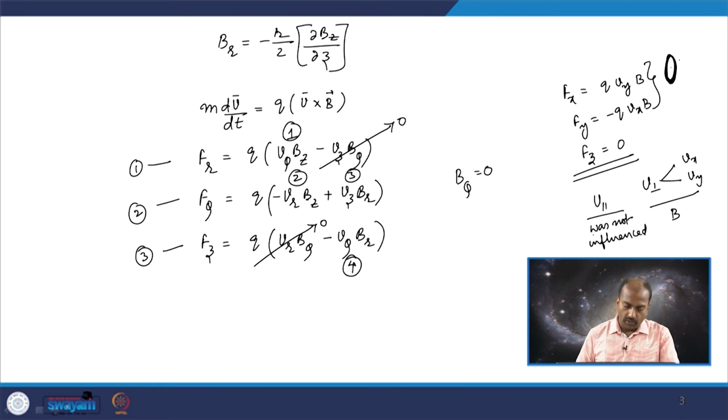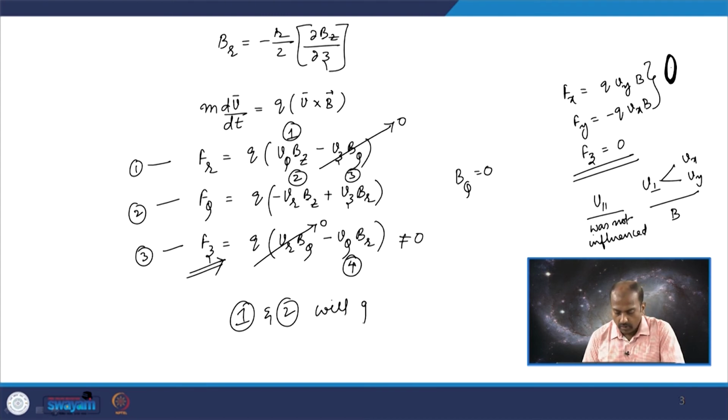But here what you see, the magnetic field is along the z direction, and since the magnetic field is also changing across the z direction, there is still a force Fz which is non-zero, of course. And so, Fr and F theta, so terms 1 and 2 will give us the circular motion.